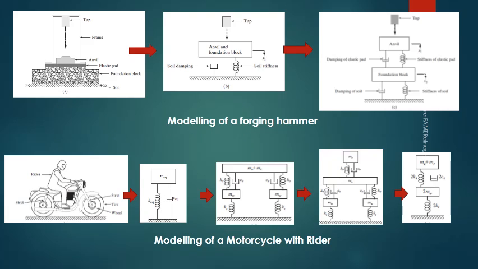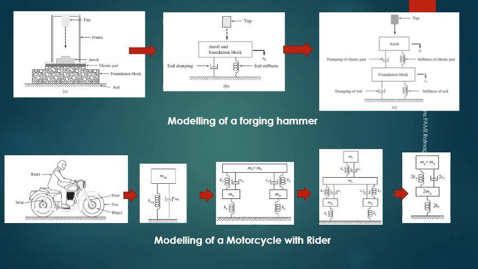Okay, so take an example of modeling of a forging hammer. Initially in a forging hammer, a tub is mounted over there which impinges on the anvil, and with the help of this anvil the forging part gets created.